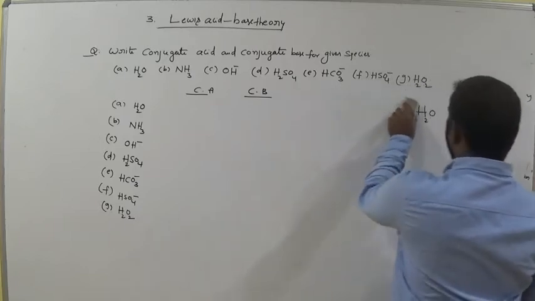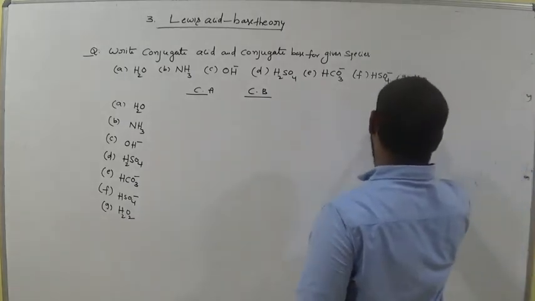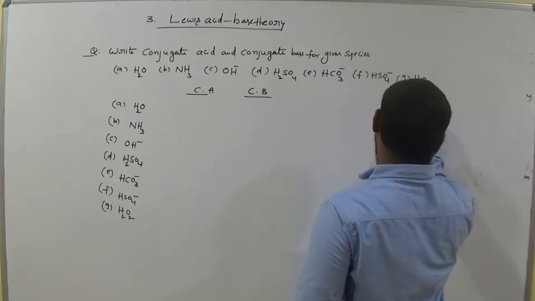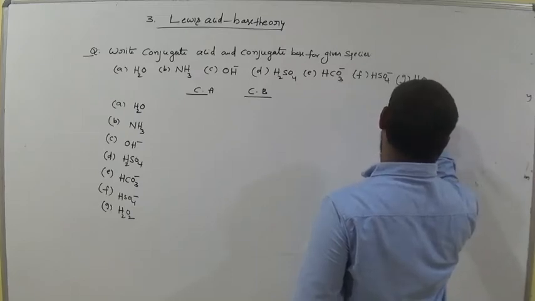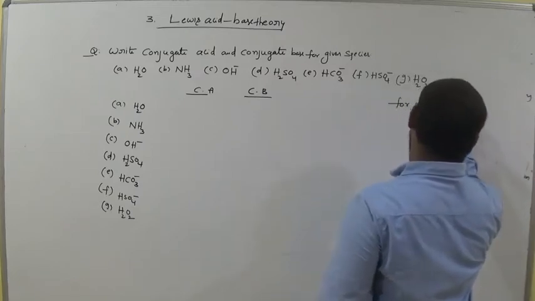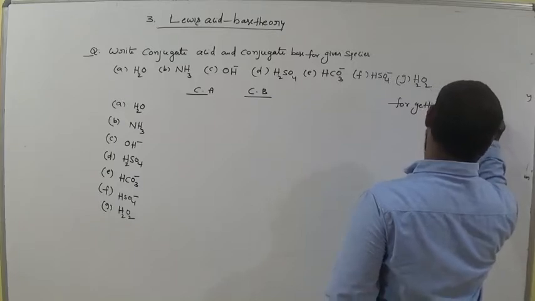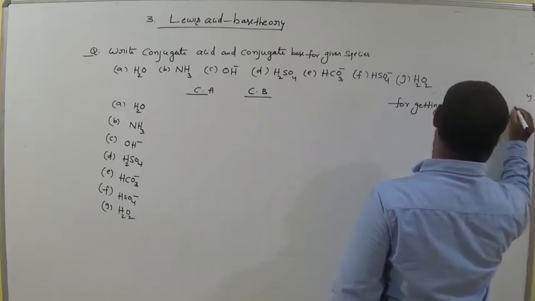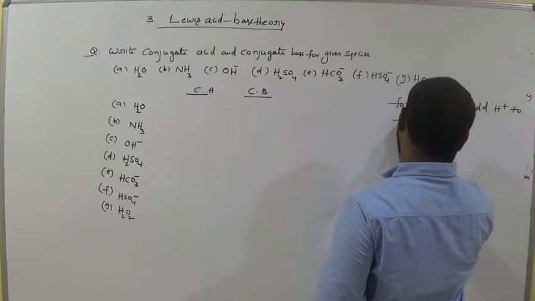H2O. Simply remember, for getting conjugate acid, add H plus to the compound.